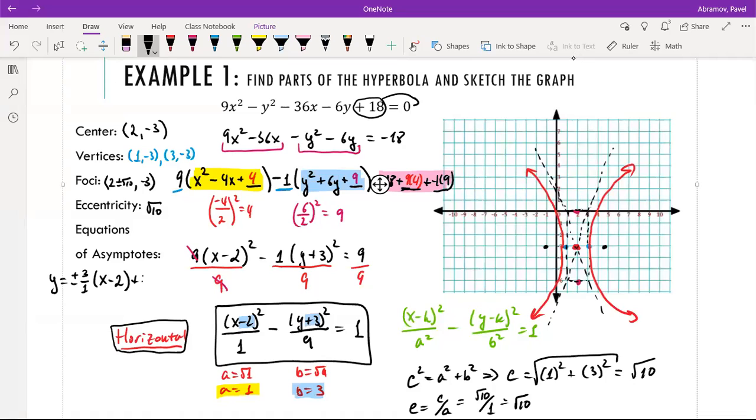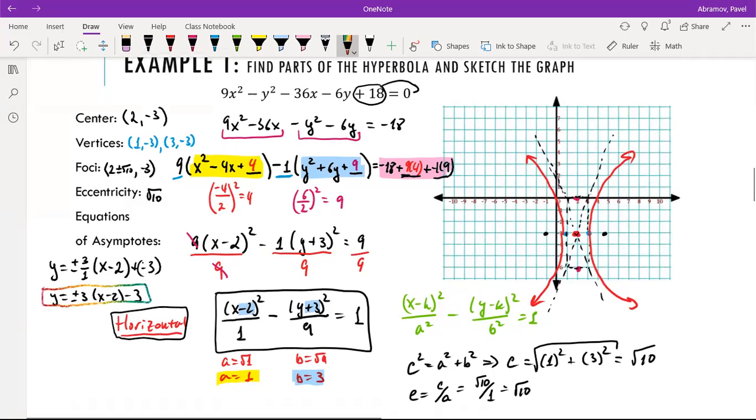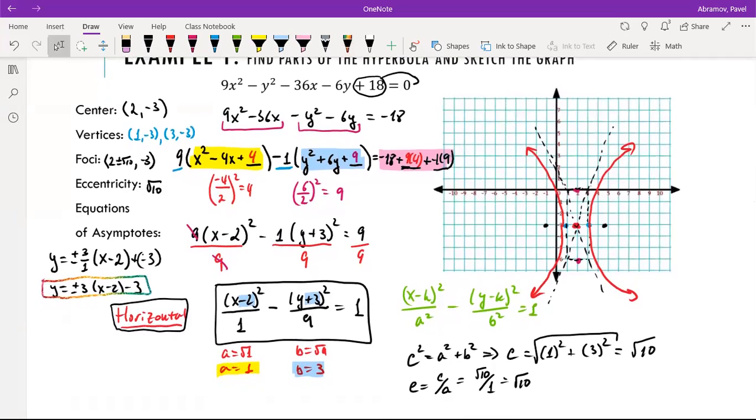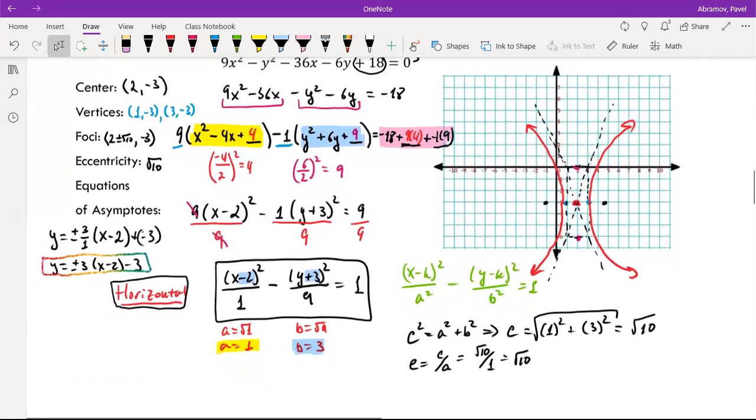Or you can just write it, of course, as y equals plus or minus 3(x minus 2) minus 3. You can simplify this just a little bit. So this is the equation of the asymptotes. Okay, so that is our graph and the parts of this hyperbola that were given to us by the equation.